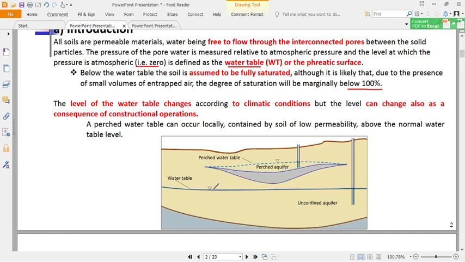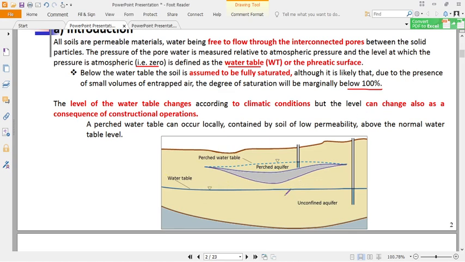When you are constructing a structure, if for instance the water in the ground is static and not moving, when you put up a structure, that structure will transfer an increase in effective stress at some point. That stress or pressure will be exerted onto the water, and that water will cause flow. Therefore, we say that the water table can change.